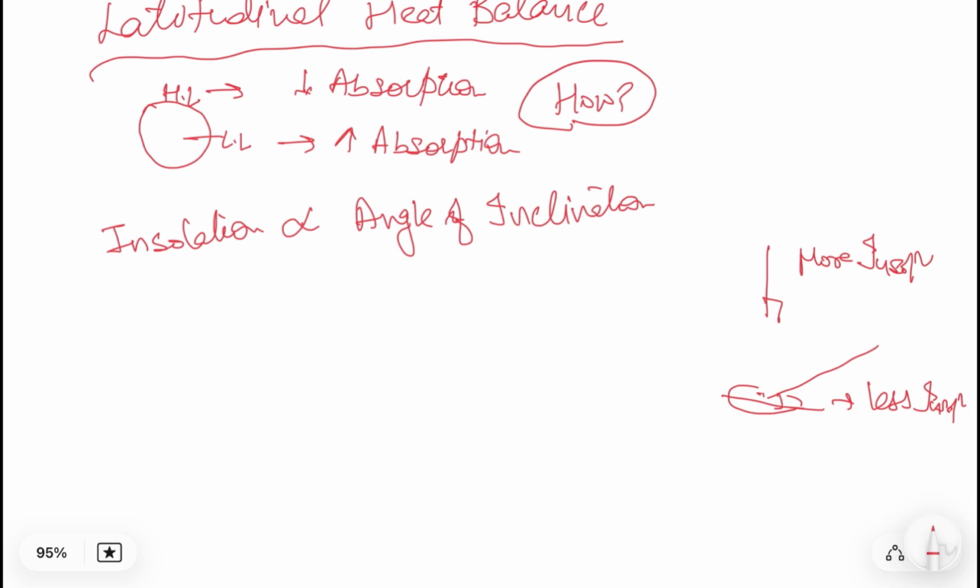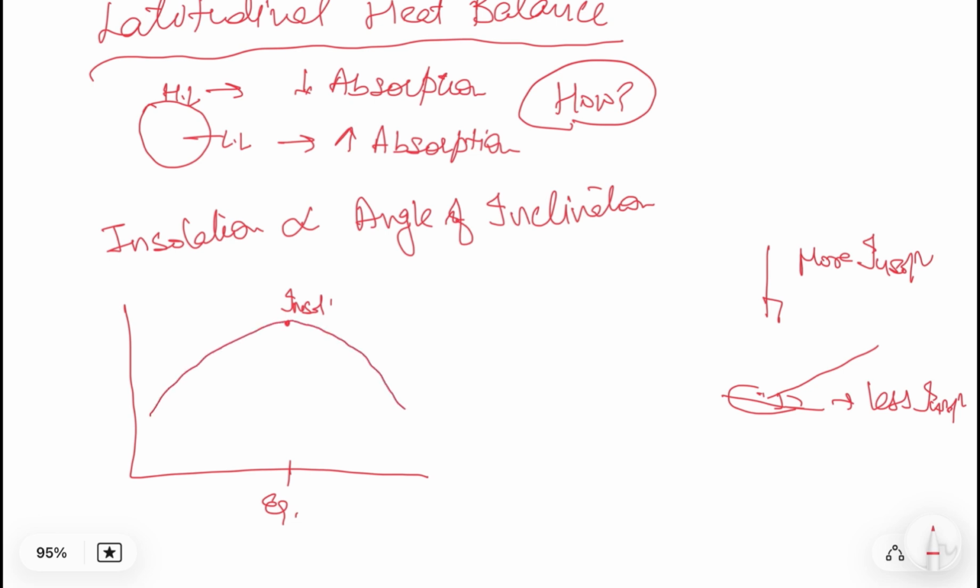So now we have the equator. Since at the equator the angle of insolation is maximum, the insolation will be maximum here, and towards the poles the angle of insolation gets reduced. So we have a structure like this, that is different energy to the earth surface in the different latitudes. Now how is it?